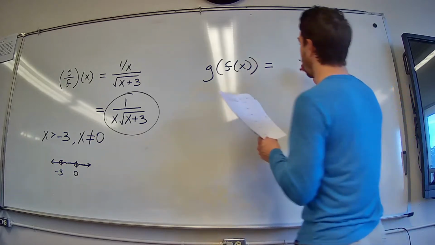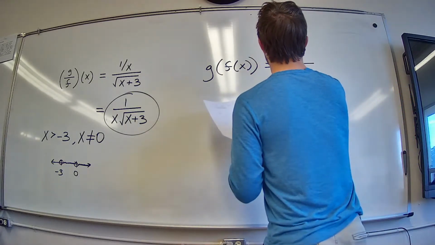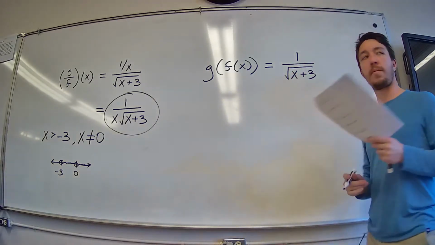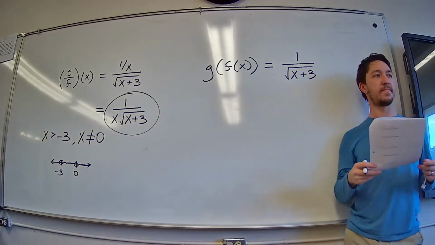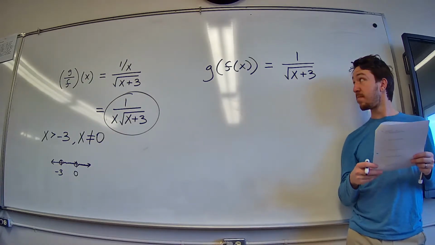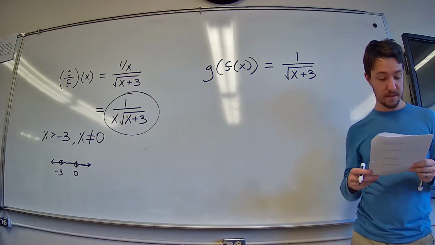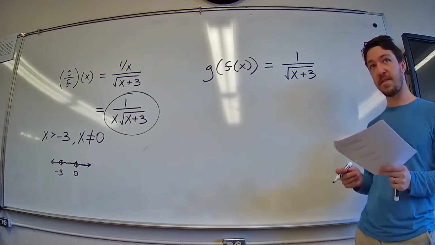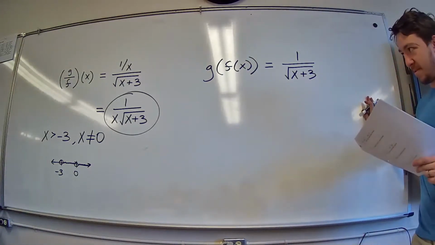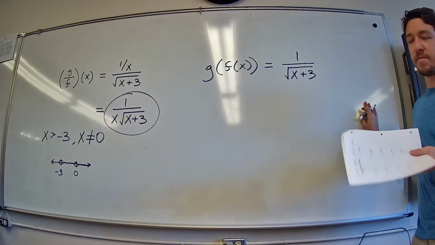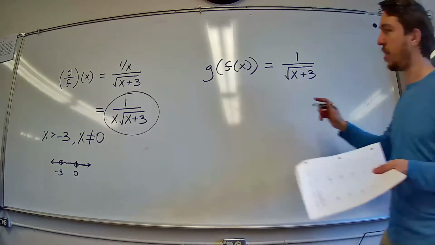You get 1 over root x plus 3. How do we feel about that? We're sure we're okay with that? No? I've got no idea how we got it. Okay, this tends to be pretty confusing, so let's look at g real quick.